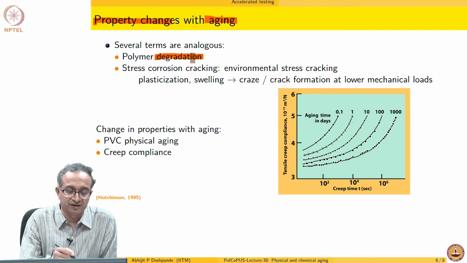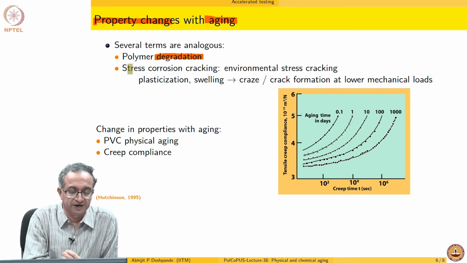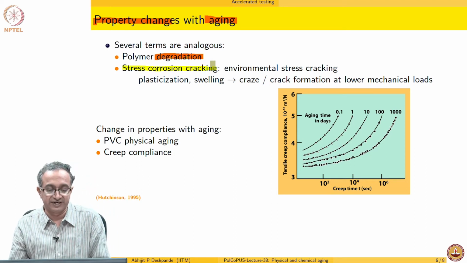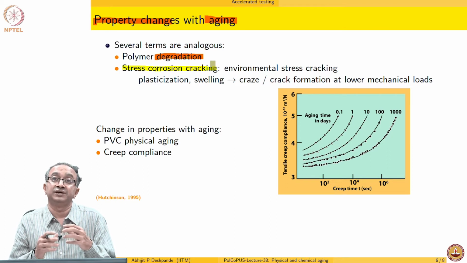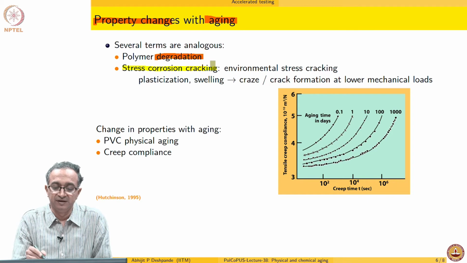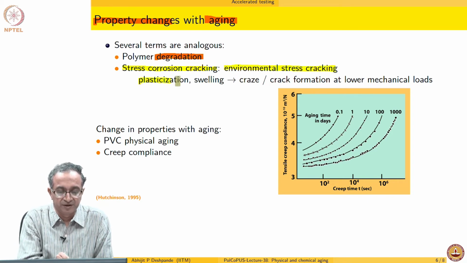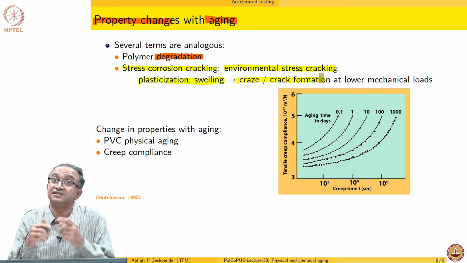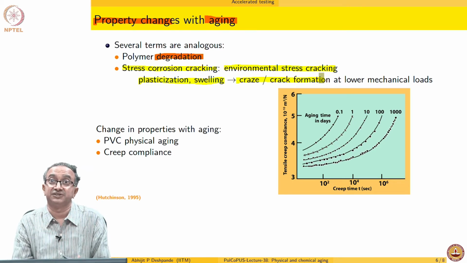There are also other mechanisms which may operate. For example, stress. Given that you have environmental stress, which is due to the physicochemical environment as well as the loading condition of the sample, you may have what's called environmental stress cracking, which is nothing but plasticization and swelling and formation of crazing. Crazing is something we discussed during the plasticity discussion, so you can go back and think of what is meant by craze.